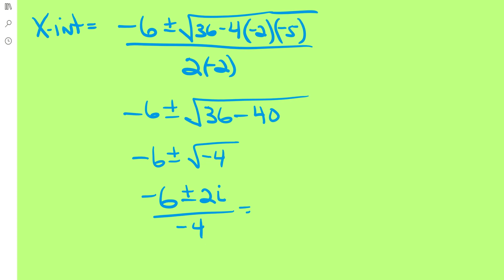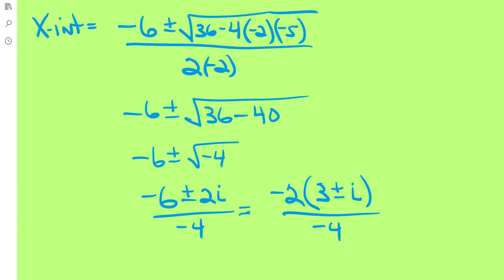And if I simplify that, looks like I don't really have to, because I'm going to plug this into the calculator, I think, but we'll practice simplifying. So here I can take out maybe a -2. If I took out a -2, then what would be left is 3 plus or minus i, and that would all be over -4.